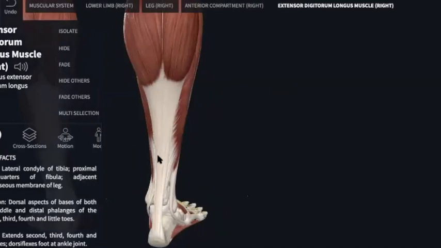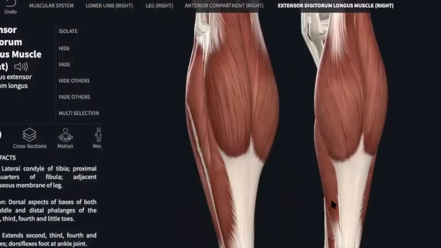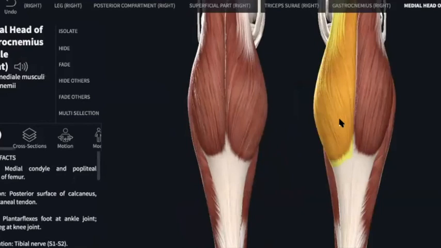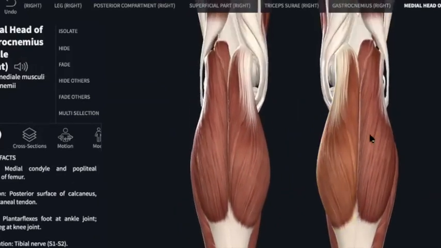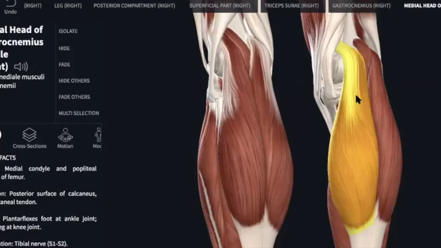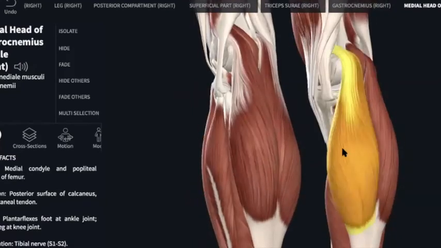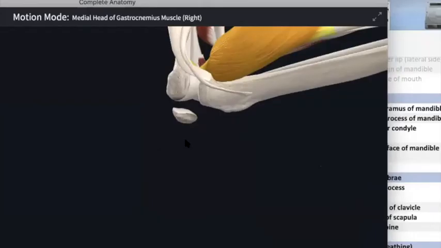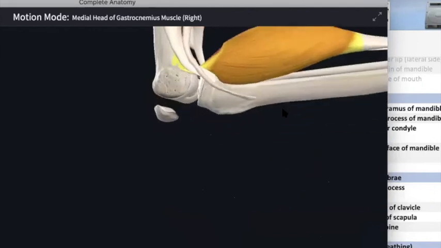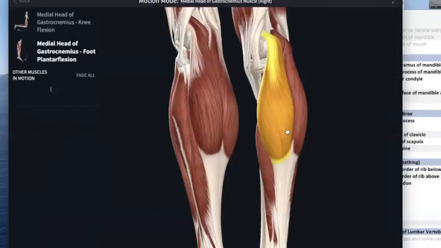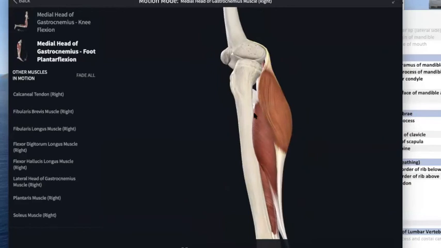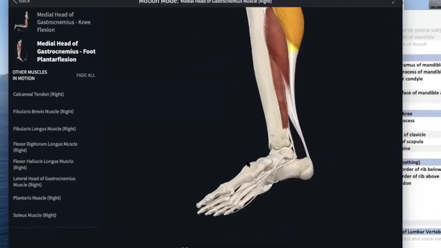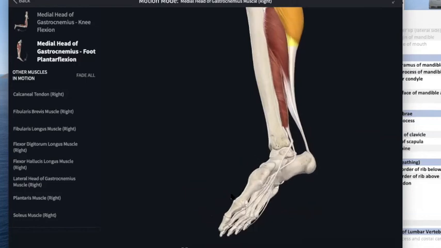And then on the back, you've got the two major calf muscles. Right over here, your gastrocnemius. This is spanning the knee joint, so it is causing knee flexion. Imagine when it contracts here, it can pull this up. This is more of a movement when your foot is planted. But the other thing it's going to do is this plantar flexion movement. When it contracts, it's going to bring you down to that tippy toe position.